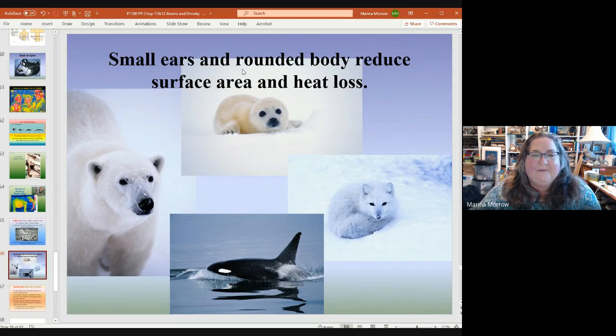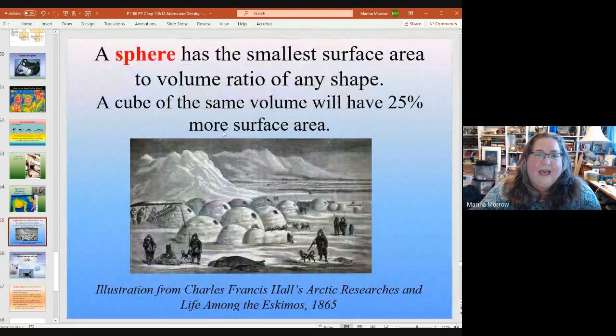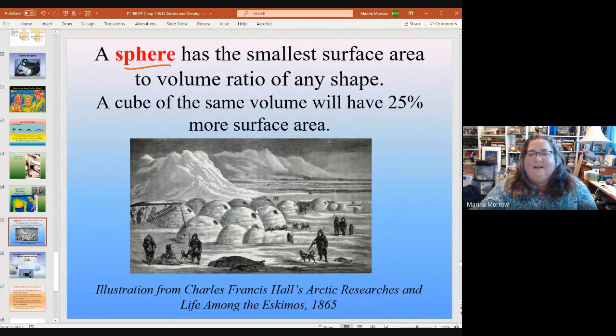And they also have a rounded body, because the rounder things are, that actually has the best surface area to volume ratio of any shape, so better than a cube. So a sphere has a better ratio. And so if you want to keep heat from leaving, then a sphere is the best one to have. That's the least surface area. So the ancient igloo was actually a really good design.